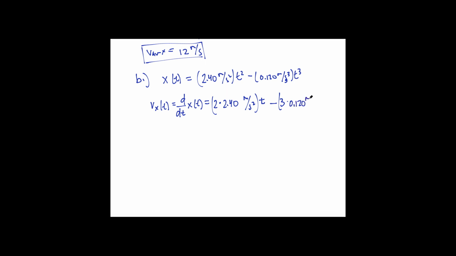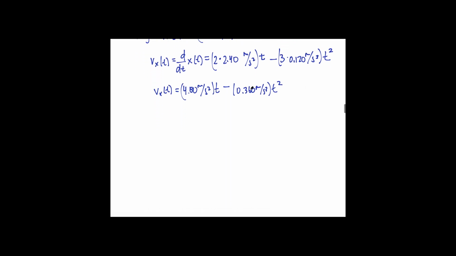Same units, meters per second cubed, and I will reduce the power of my t variable again by 1, so that becomes t squared. So my Vx function will be 4.80 meters per second squared multiplied by t minus 0.360 meters per second cubed multiplied by t squared.